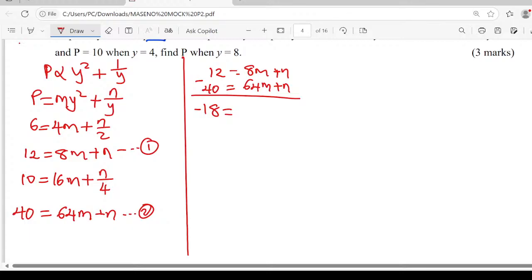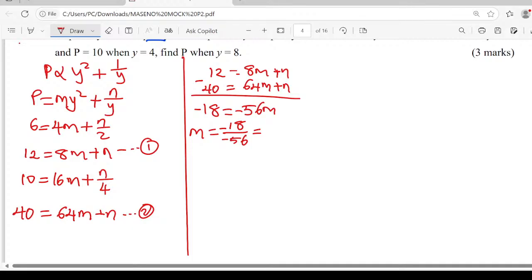When you have 8 minus 64, you get negative 56m, because n and n will disappear. Therefore, m will be equal to negative 18 over negative 56, which can be simplified to 9 over 28.